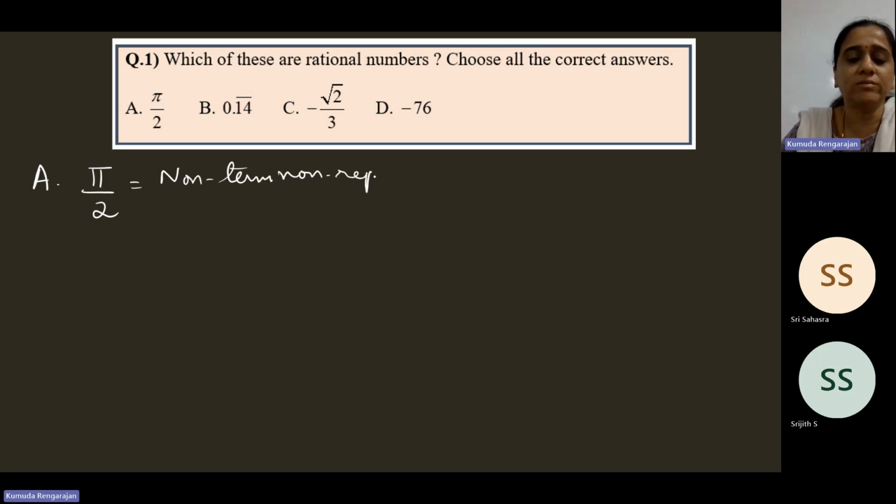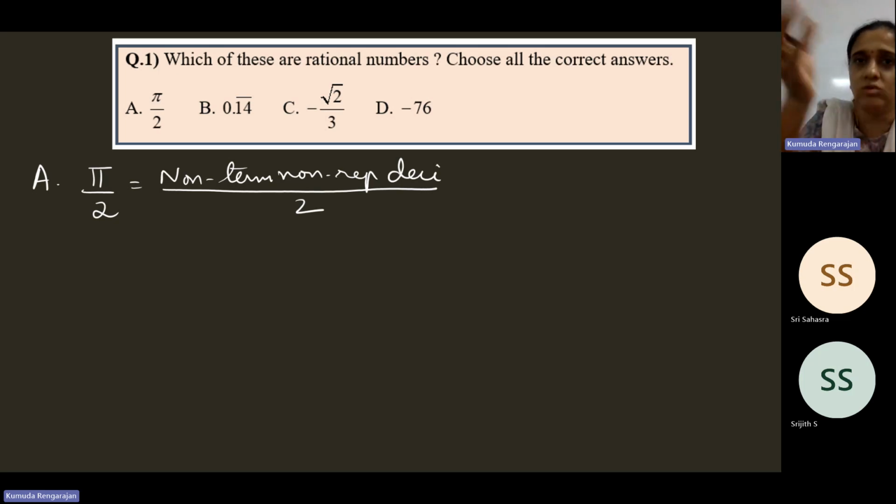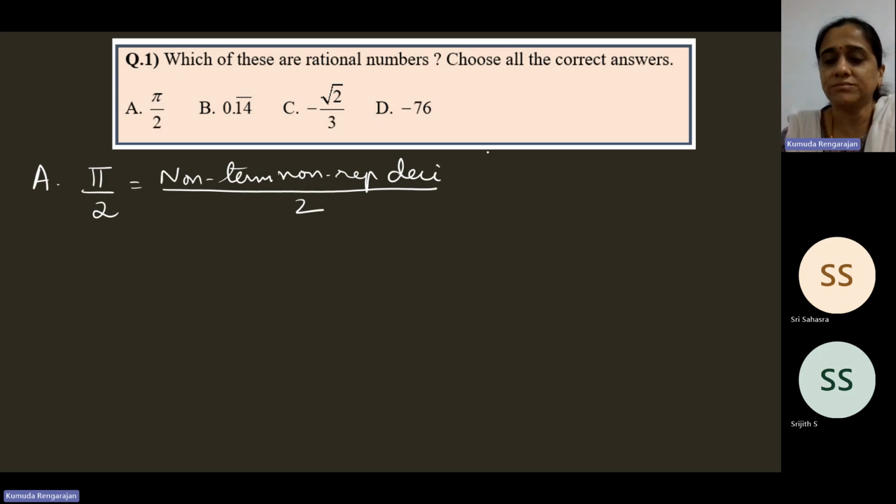Pi is a non-terminating, non-repeating decimal. If you divide that by 2, you will get a new non-terminating, non-repeating decimal. And hence it's an irrational number.